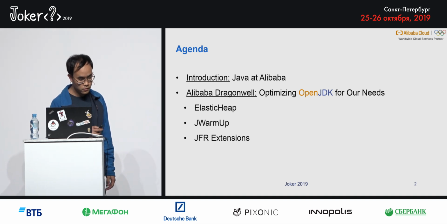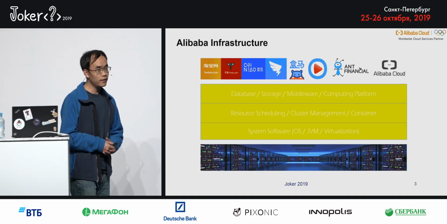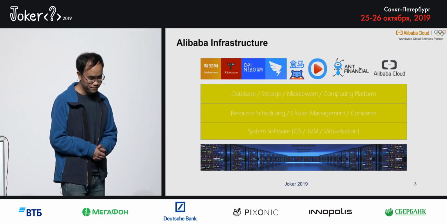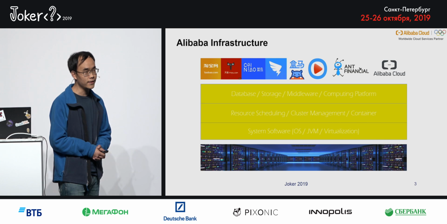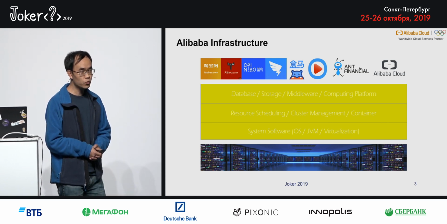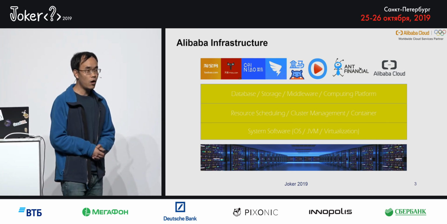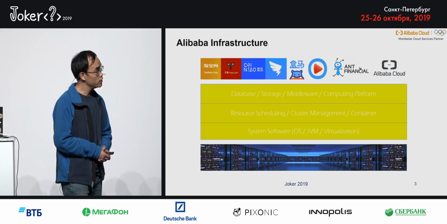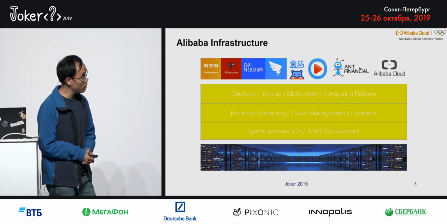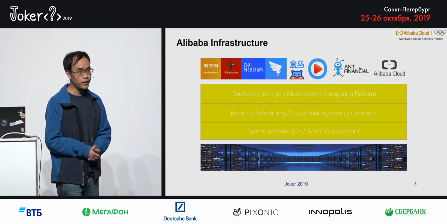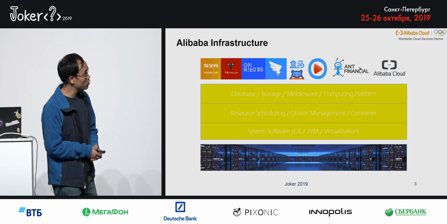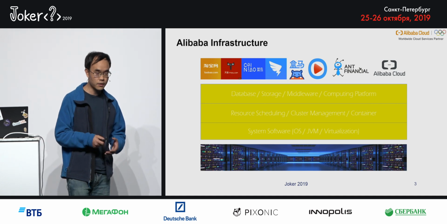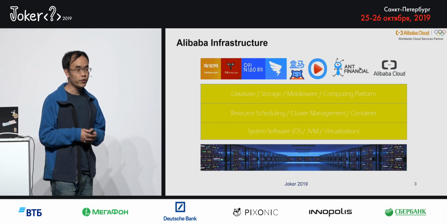Okay, let's get started. This is a picture of the Alibaba infrastructure. You can look at this picture from the bottom up. Alibaba already has our own data centers across the world. On top of that, in the system software layer, we customized Linux. We also customized OpenJDK for our needs.